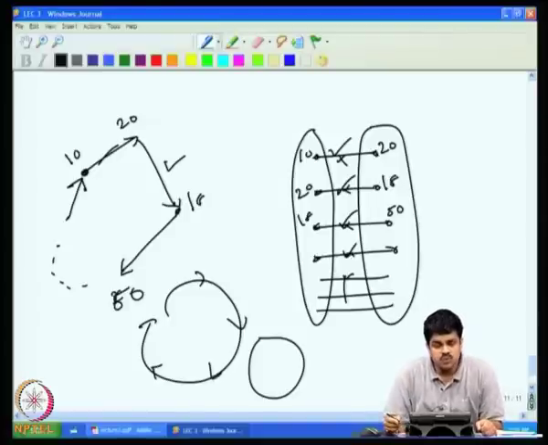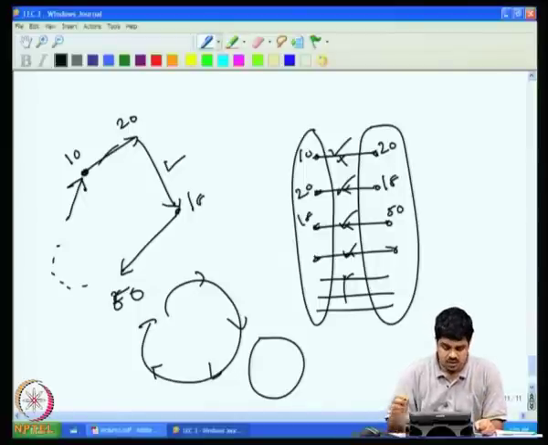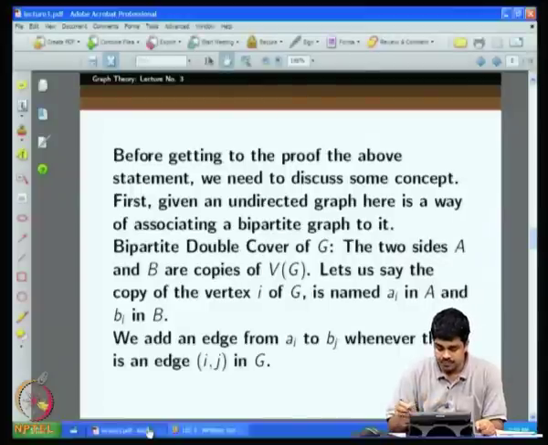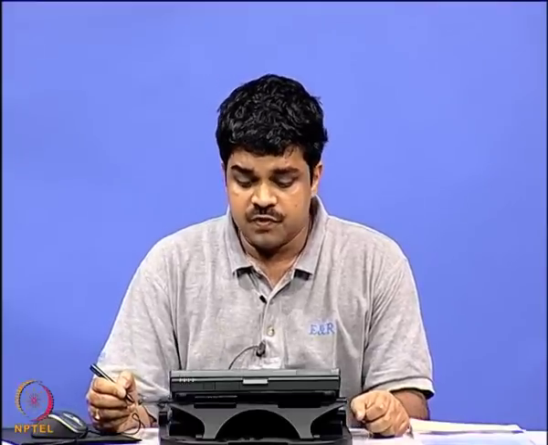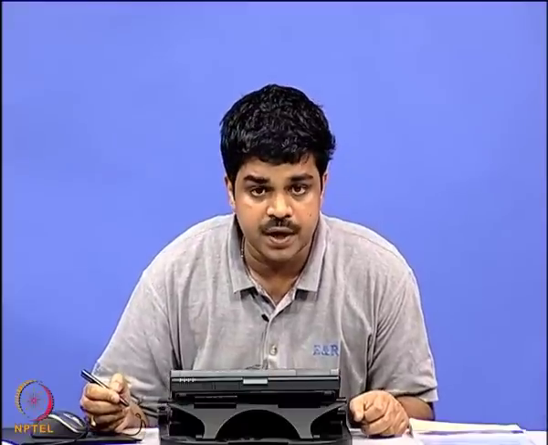And so what we can do is first give directions to the edges of that undirected graph and make it a directed graph. We say that we can orient the edges, we can give some direction to each edge of the undirected graph. We get a directed graph, let us call it G dash. And then from there, we will construct the bipartite double cover of that G dash.